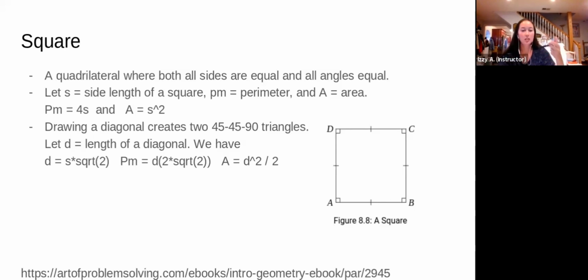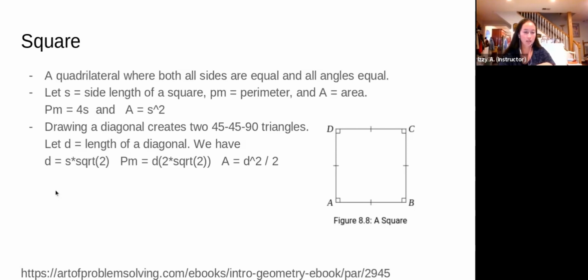Drawing a diagonal would create two 45, 45, 90 triangles. We want to let D equal the length of a diagonal. Then we would have D equal to side times square root of 2. Perimeter would be equal to D times 2 times the square root of 2, and area would be equal to D squared over 2.